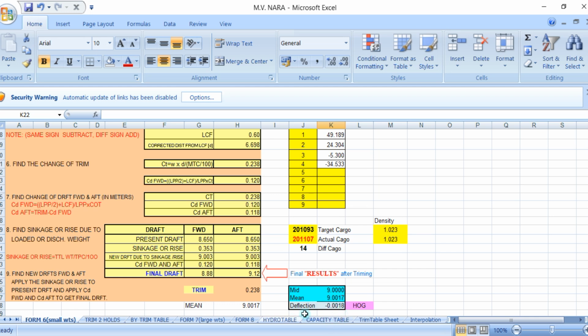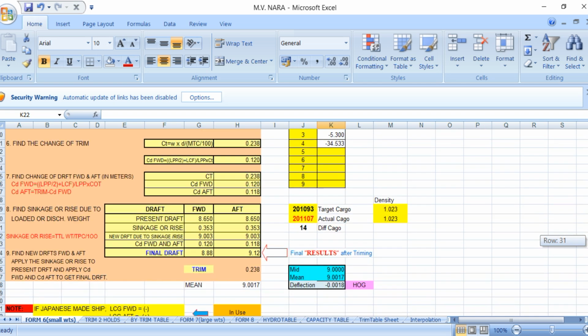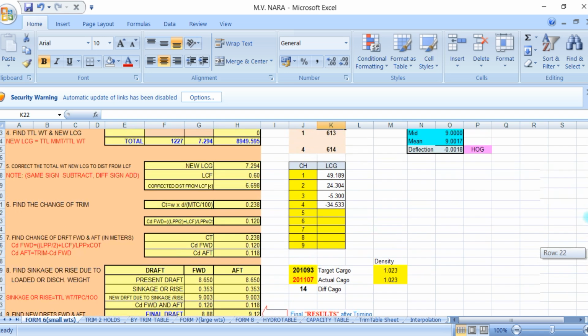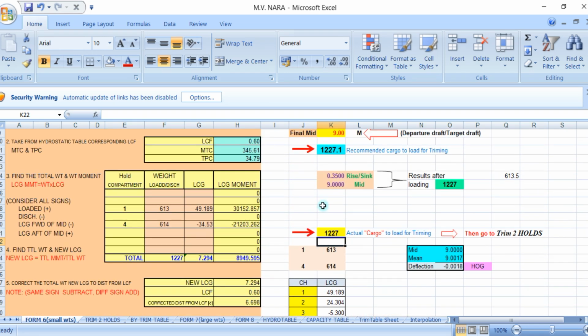So you have a zero deflection. So take note of this draft when we load 1227, and hold number 1 is 613 and hold number 4 is 614.